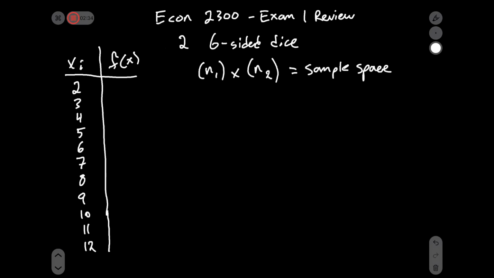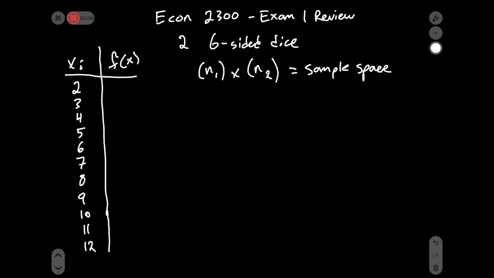And we can do this because the two dice that we're rolling are independent of one another. In other words, when I roll a 3 on the first die, that's not going to impact the outcome of the second die. We're assuming that these two dice are perfectly made so that there's an equal 1/6 probability of rolling any of these particular outcomes on a single die.